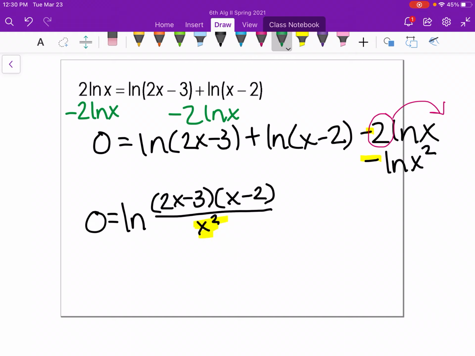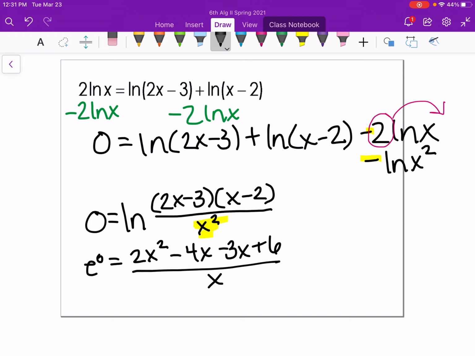Now I have one single logarithm. I'm going to rewrite it as an exponential. So I have e to the 0 equals (2x minus 3) times (x minus 2), that's 2x squared, minus 4x minus 3x plus 6, all over x squared.